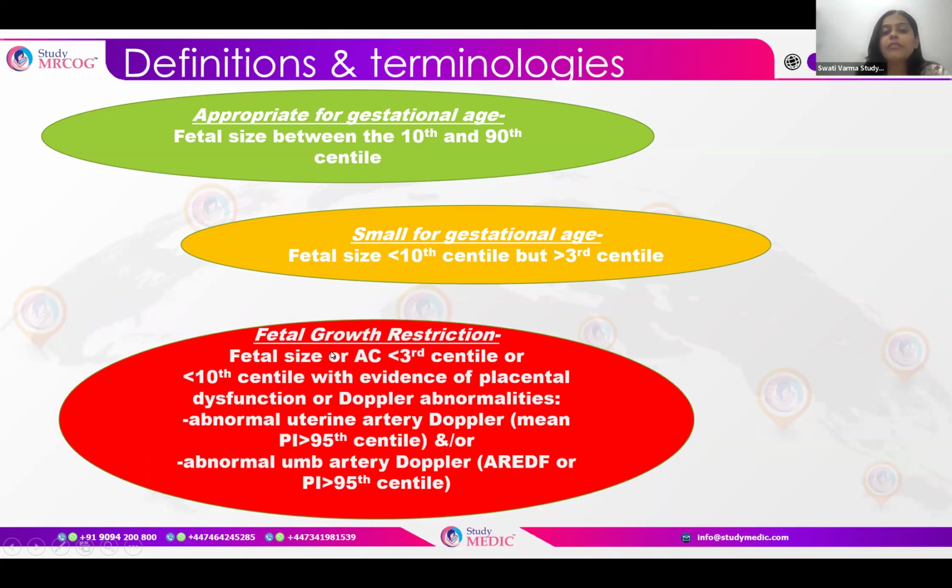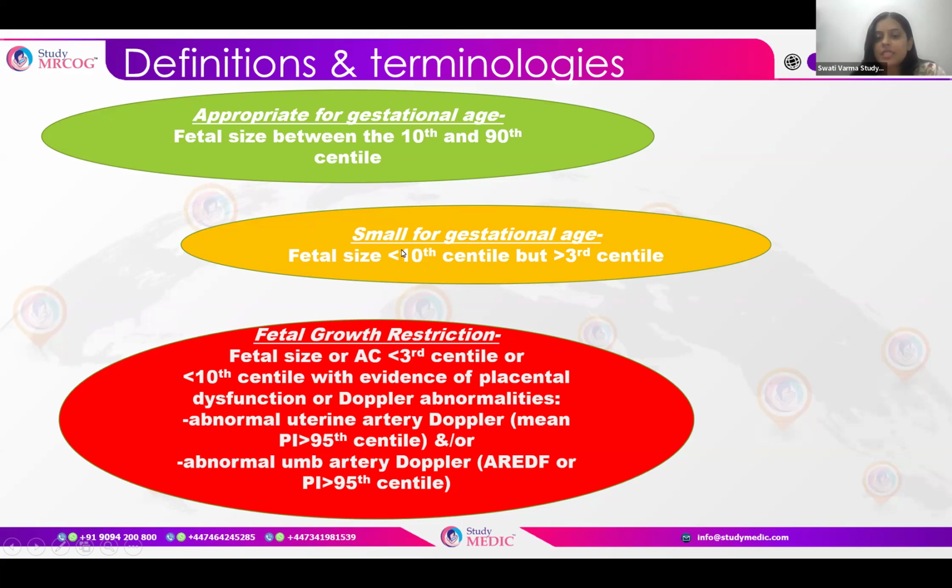But if fetal size or abdominal circumference drops below the 3rd centile, it will be called fetal growth restriction. That is criterion number 1. Or if fetal size is less than the 10th centile but accompanied by Doppler abnormalities or any evidence of placental dysfunction, either abnormal uterine artery Doppler or abnormal umbilical artery Doppler, then also it will be called fetal growth restriction.